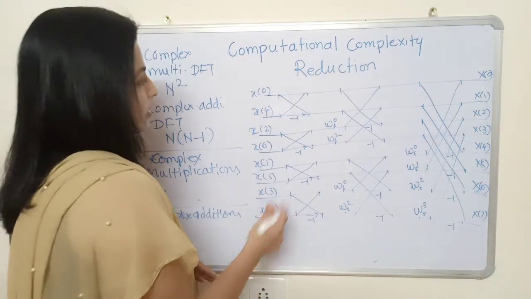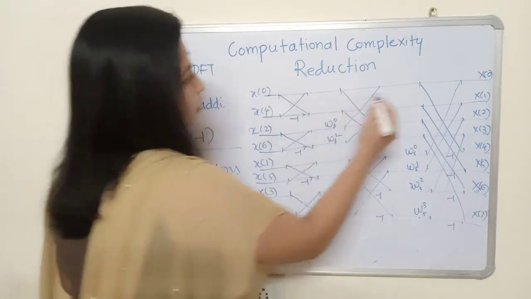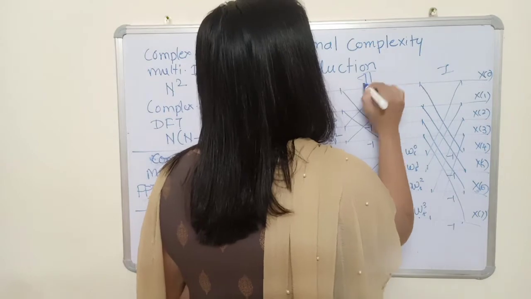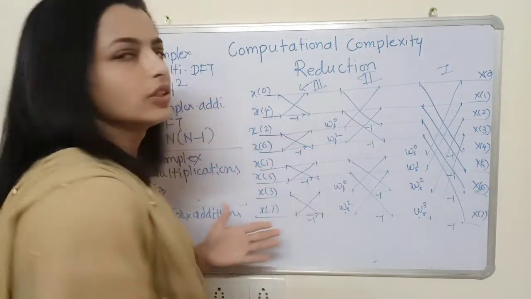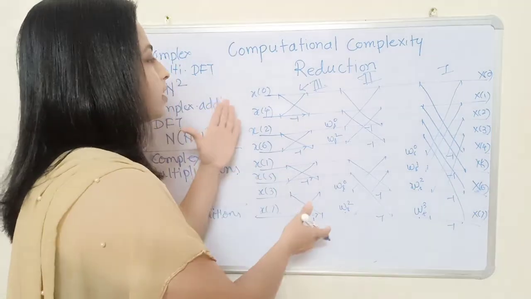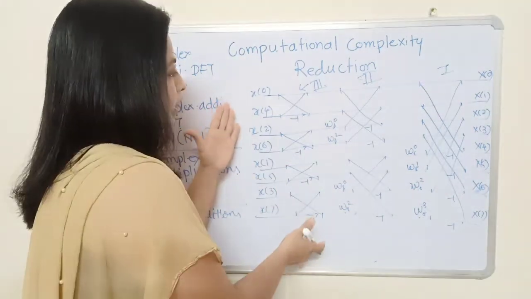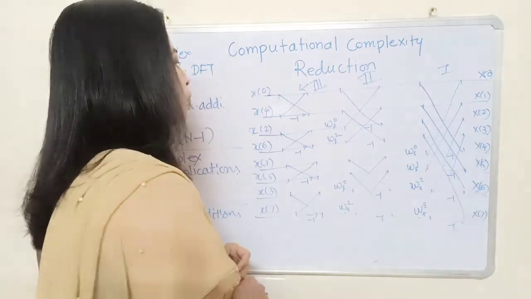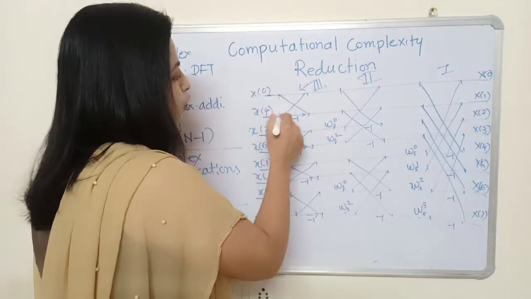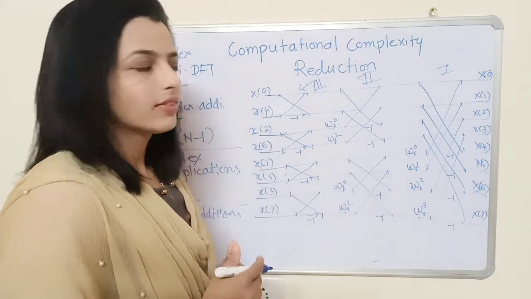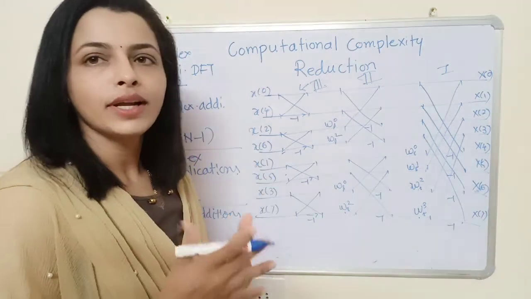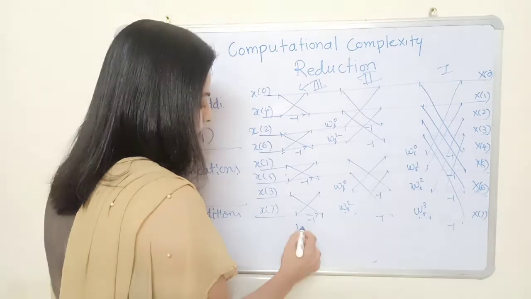Here we'll see this is stage 1, stage 2, and this is stage 3. You can see each stage. This is the example for 8-point FFT. For 8-point FFT we have 4 butterflies in each stage. There are 4 butterflies, so you can say that n by 2 number of butterflies are there.